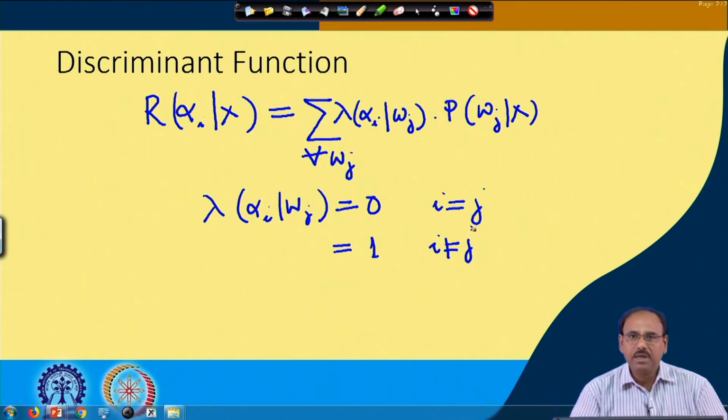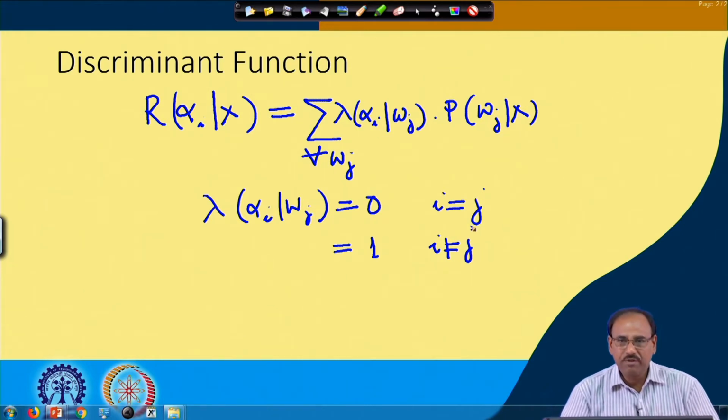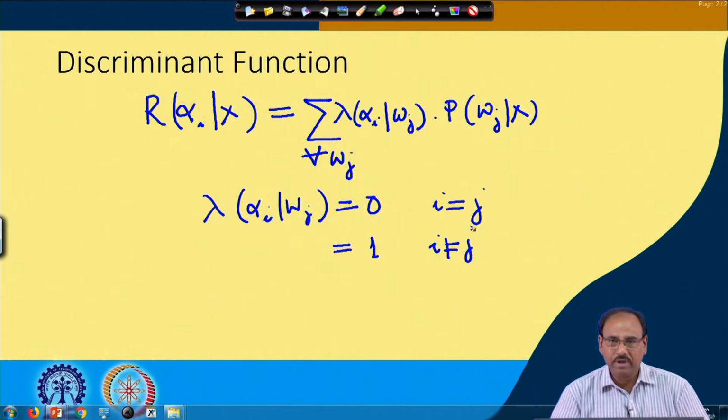Now, starting from here, we can define something called the discriminant function. Whether I go for Bayes minimum error classification or Bayes minimum risk classification, in the case of Bayes minimum error classification, for every class I compute P of omega i given x, where i varies from 1 to C, and C is the number of classes that I have.